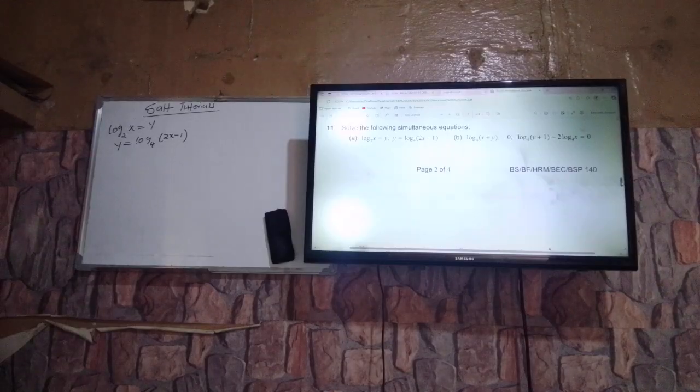When you have simultaneous equations like that, you have to strive by all means to use all the knowledge you have in mathematics, all the properties you know, exponentially and also in logarithmic form, so that both variables are found.